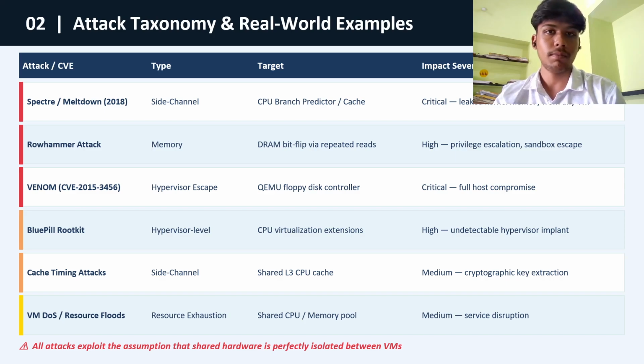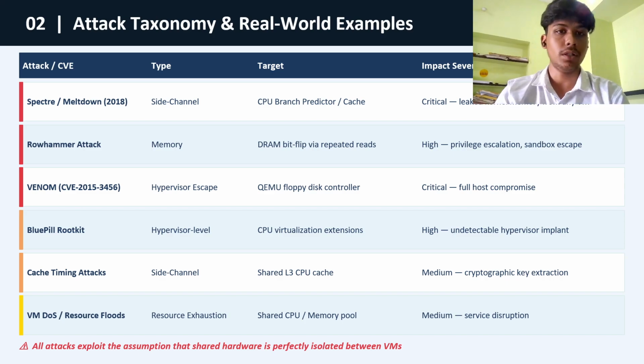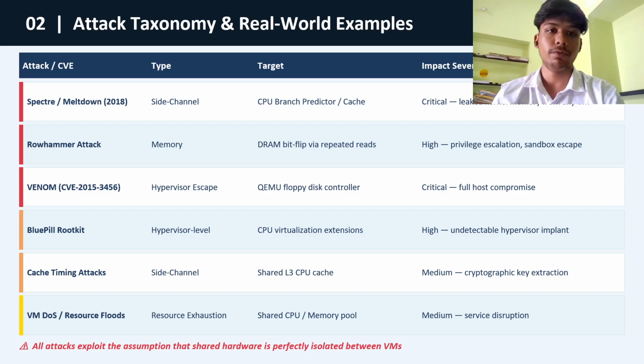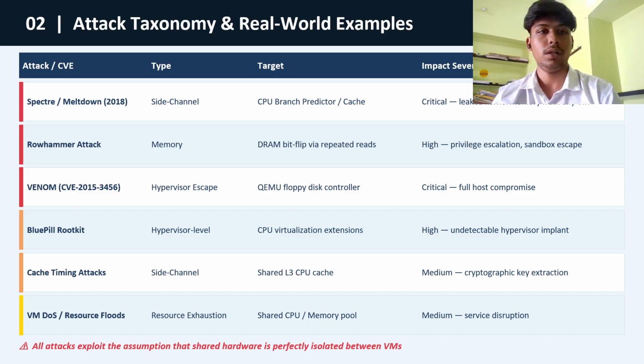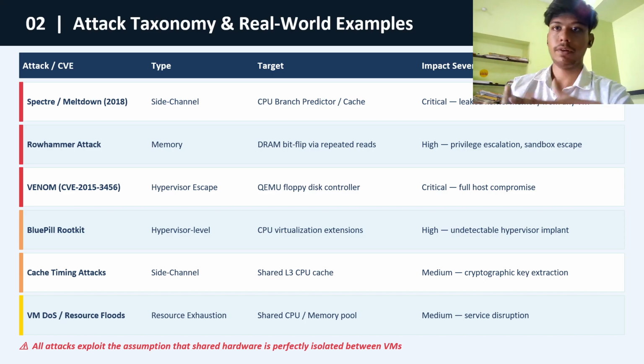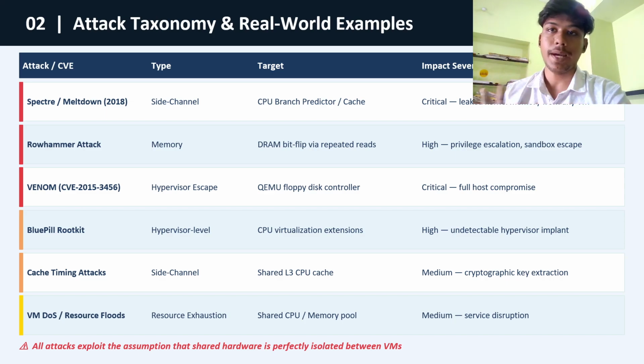First is Spectre and Meltdown, 2018. These are probably the most famous security vulnerabilities in modern computing history. They exploited the way modern CPUs speculatively execute instructions. A malicious VM could read kernel memory from another VM through cache timing channels. The severity was critical. Every major cloud provider like AWS, Azure, and GCP had to do emergency patching.